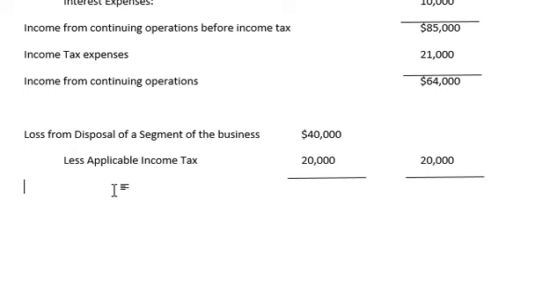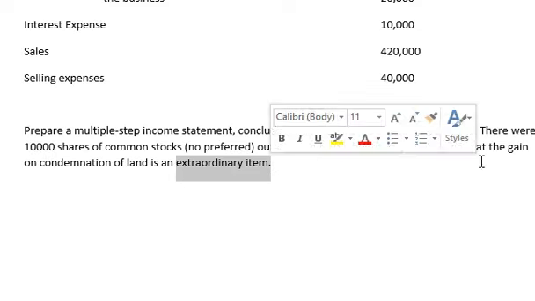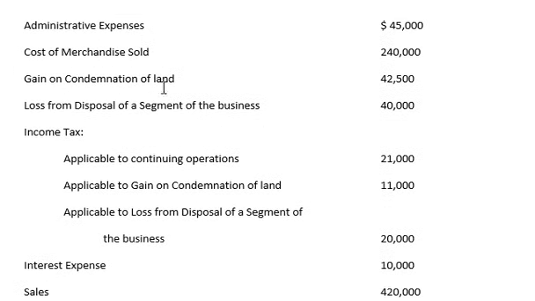So we have a new item in here, income before extraordinary item. So 64,000 minus 20,000, you get 44,000. Now I write the extraordinary item because in the question they mentioned the gain on condemnation of the plant, which is an extraordinary item.